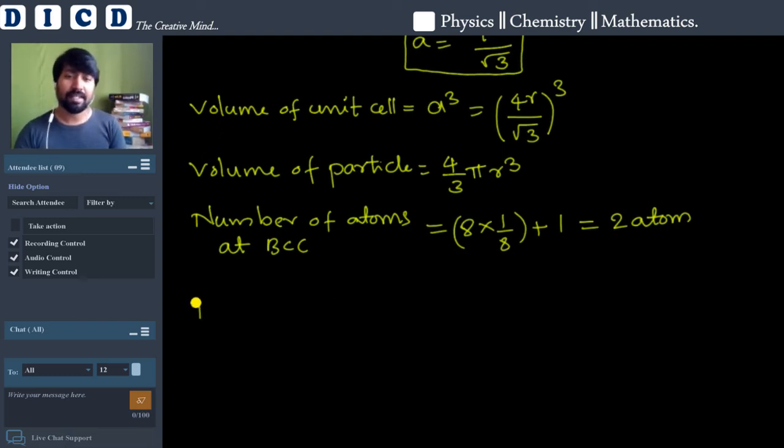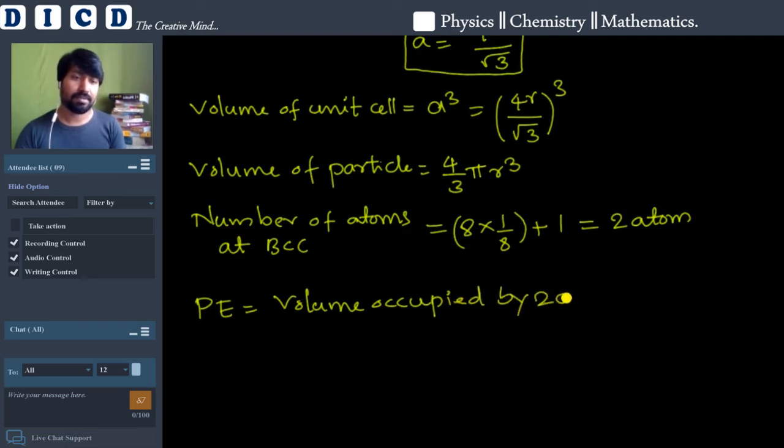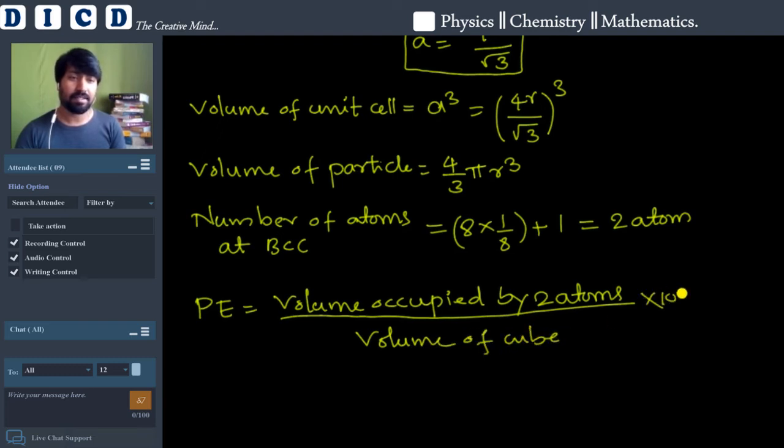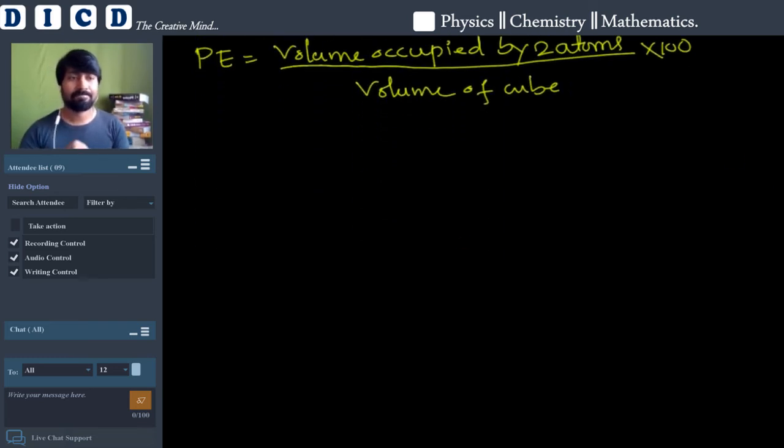Now packing efficiency is given by the volume occupied by 2 atoms in the crystal divided by the volume of the cube, multiplied by 100. This much we know. Now we move to the next part.